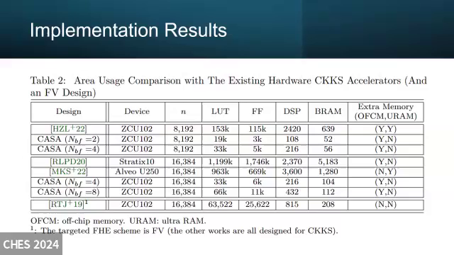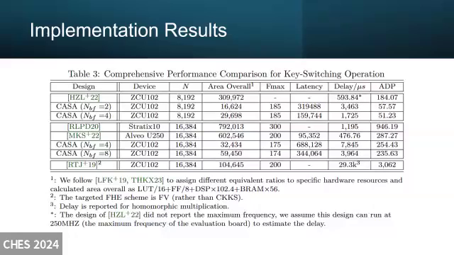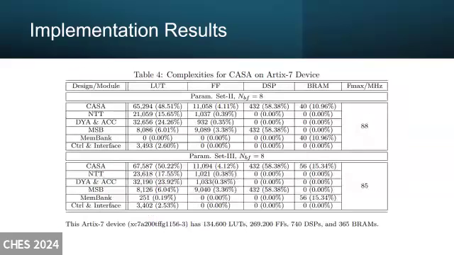This is still related to the resource usage, area usage. As you can see, our design is a compact design, and this is the timing performance as well. The timing performance is definitely longer than the others, but you can consider the other parameters and everything together. Actually, the final area-delay performance is better than the rest of the designs, okay?